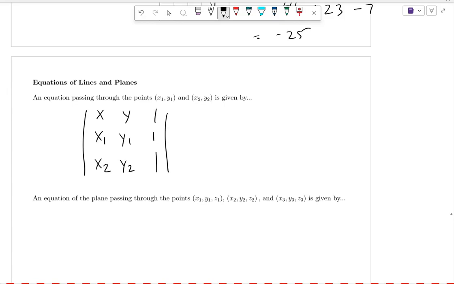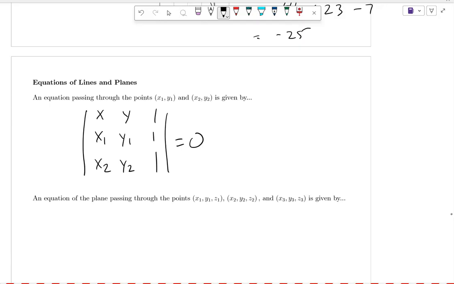Well, if some arbitrary point x, y needs to be on the same line that these two are, what should this answer turn out to be when you're done? 0, yeah. So this is another way that you can figure out an equation of a line between 2 points. You can do it with determinants.